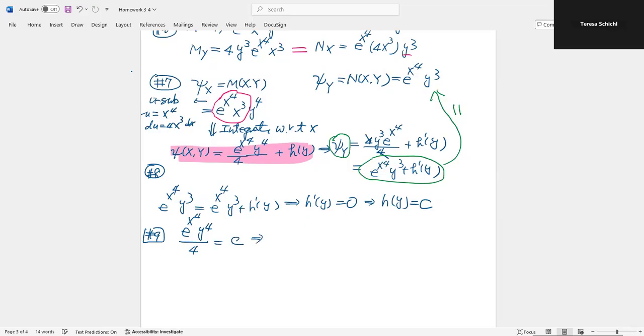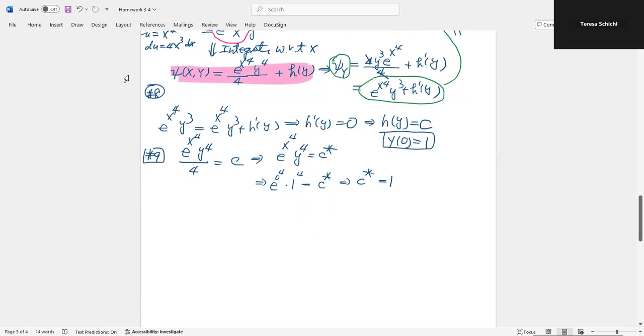Now you can multiply both sides, so you get e to the x fourth y fourth equals some c star. Now you substitute your initial condition y(0) equals 1, so this will be e to the 0 to the 4th times 1 to the 4th equals c star. So c star equals 1.